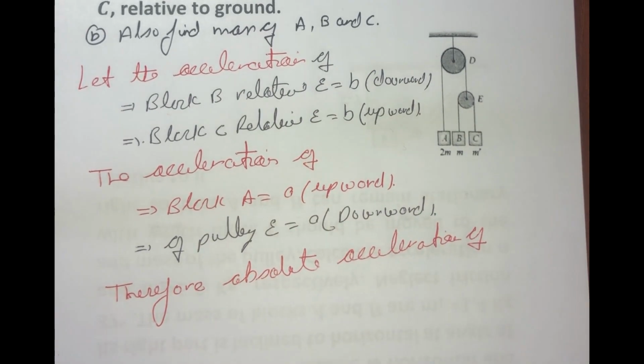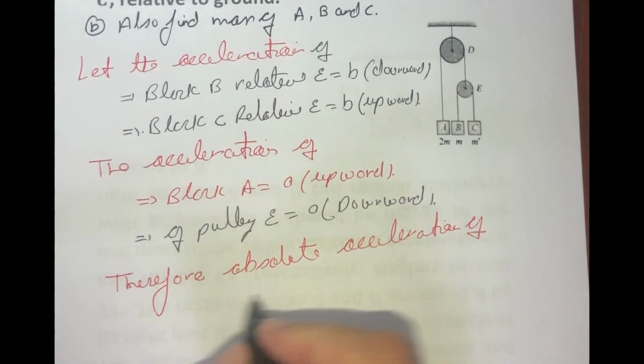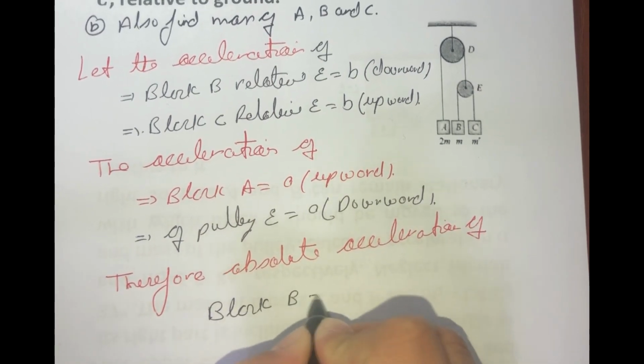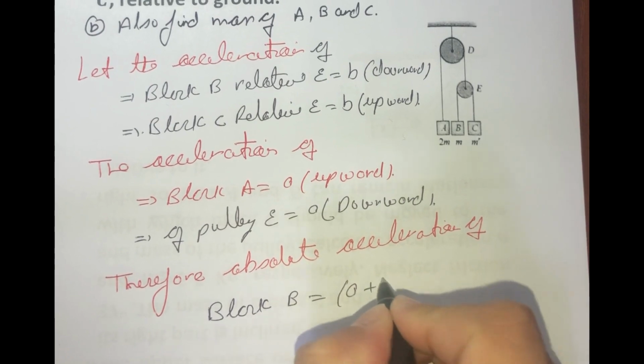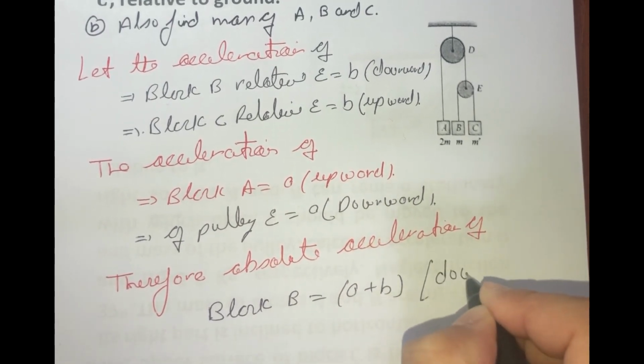So absolute acceleration of block B will be a plus b, downward.